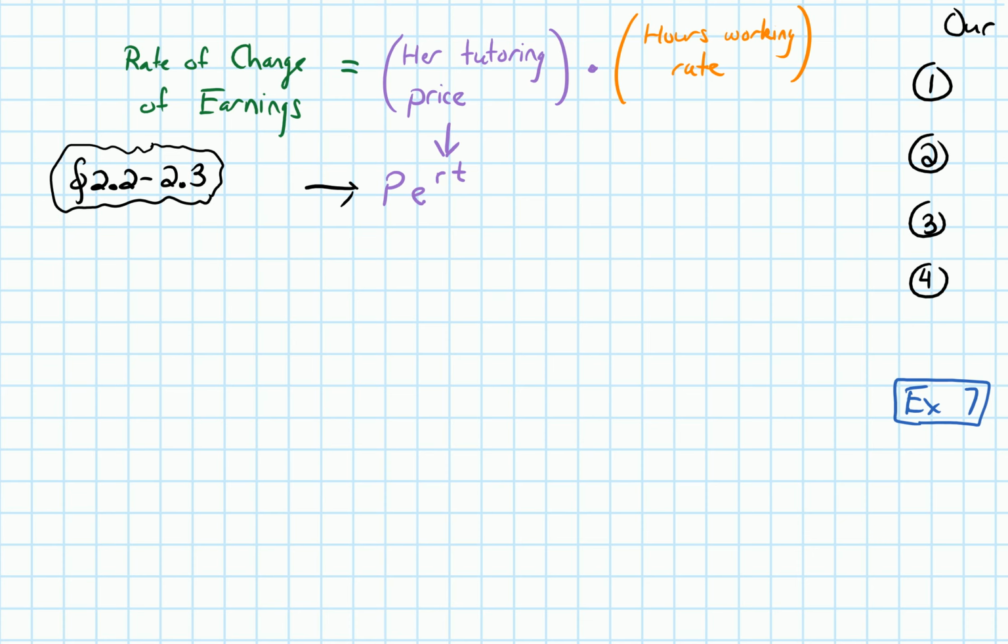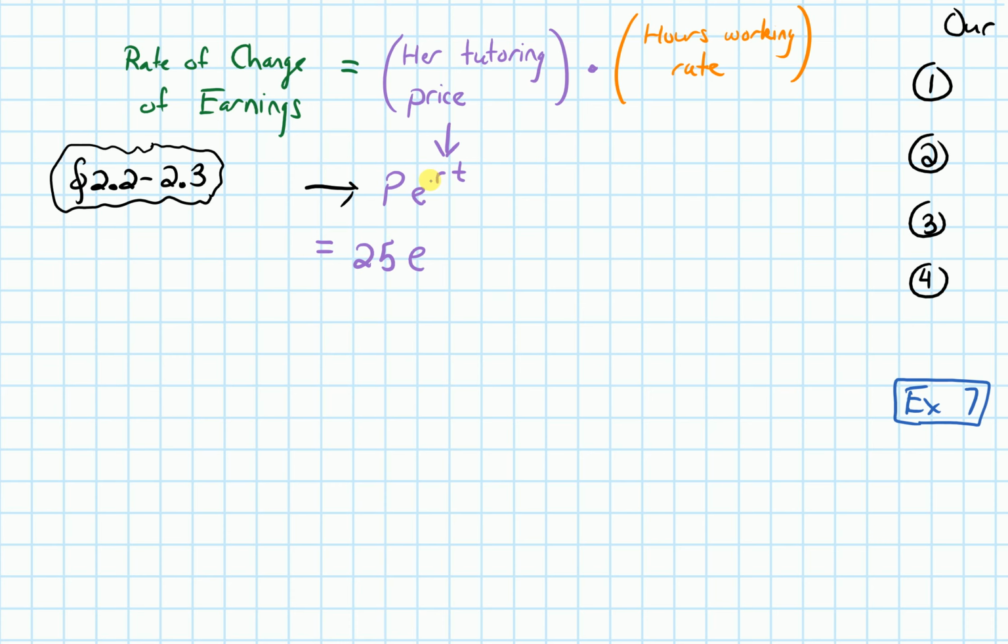Okay, so I'm going to start to plug into this formula. So P represents the initial amount. In this case, it's the initial price that she's charging, which is 25. And then we have e, and then r is the interest rate when you convert it to a decimal.